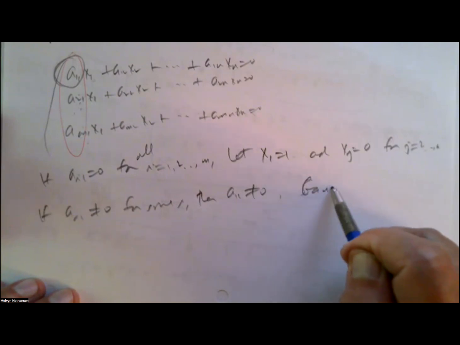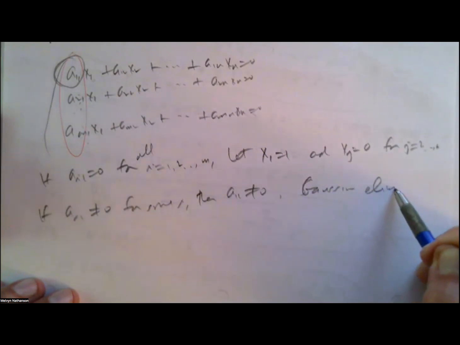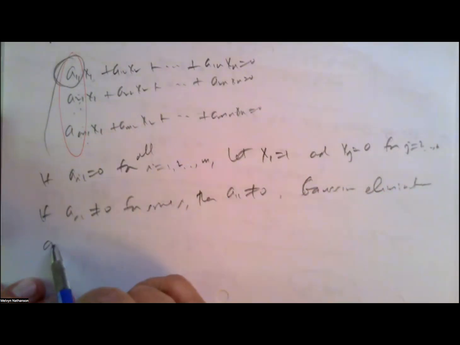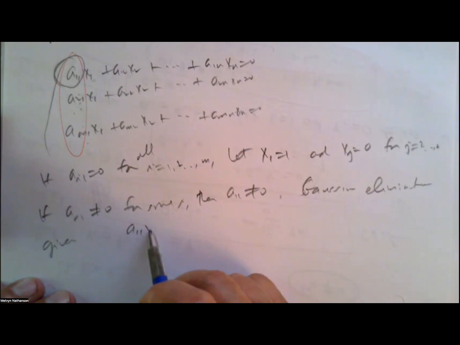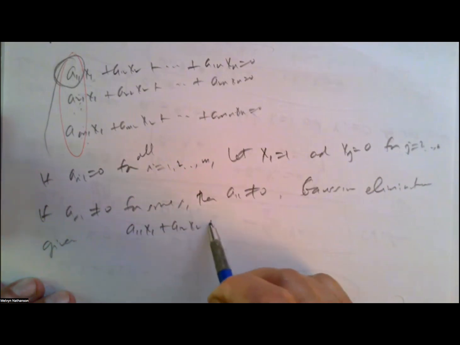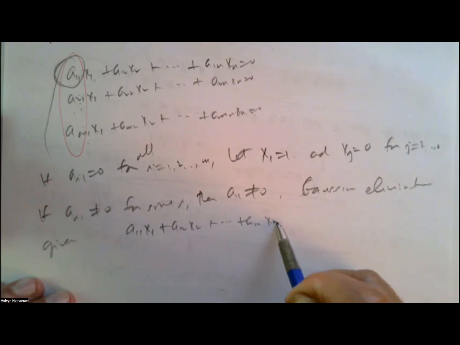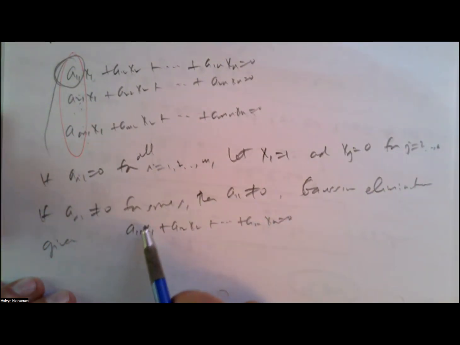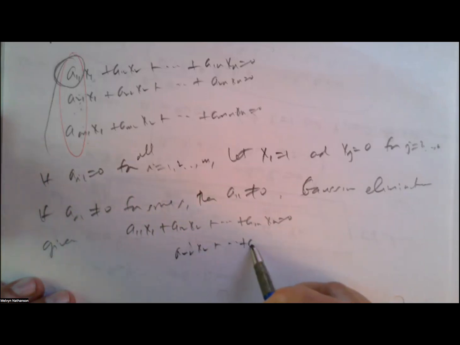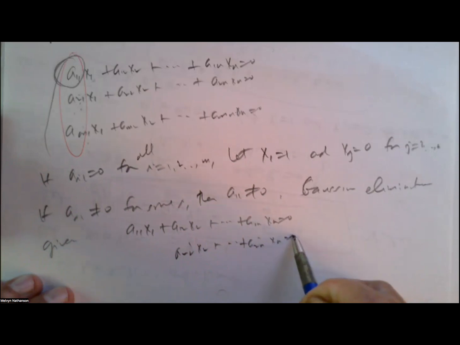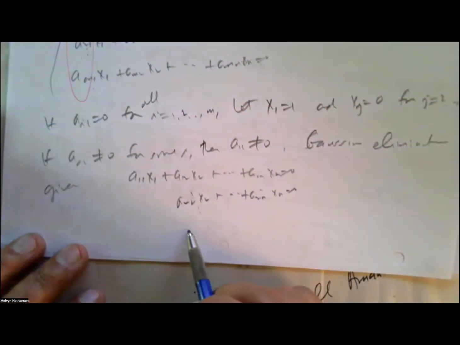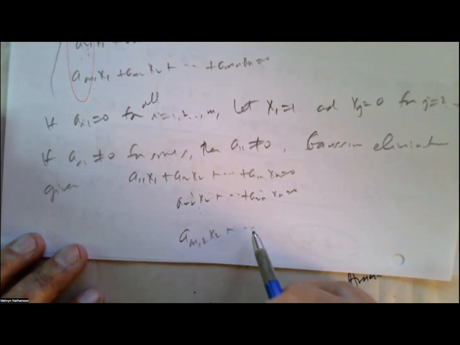So Gaussian elimination gives a system that looks like this: a11 x1, a12 x2, up to a1n xn equals 0. But in all the other equations, there's no x1. It will start with a22 prime x2 up to a2n prime xn equals 0, down to am2 x2 up to amn xn equals 0.